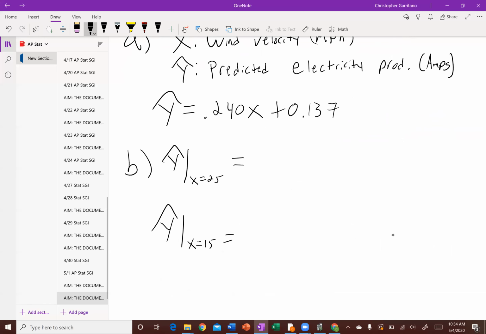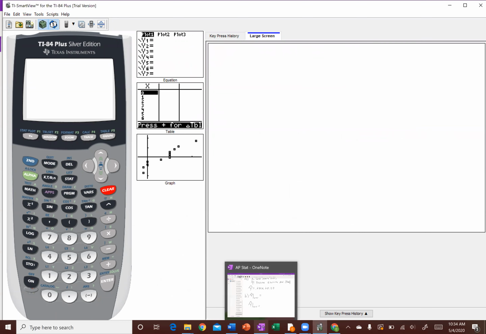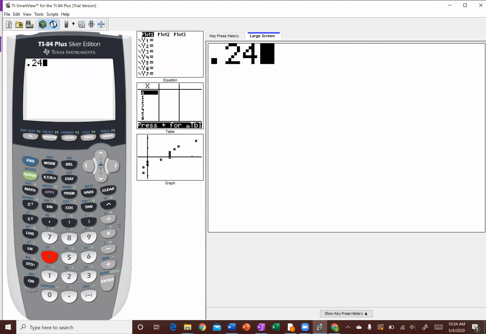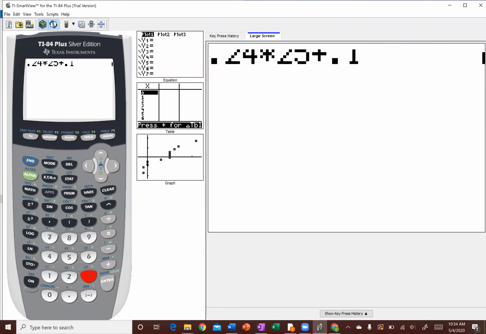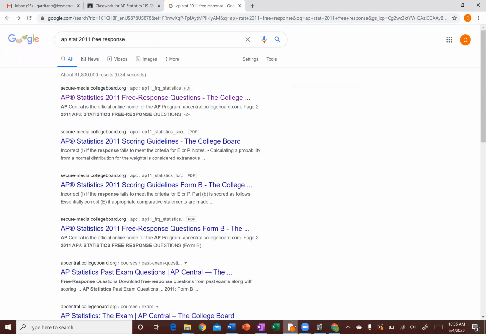So we have 0.240 times 25 plus 0.137. And so when the wind speed is 25 miles per hour, there's a predicted amp level of 6.137.